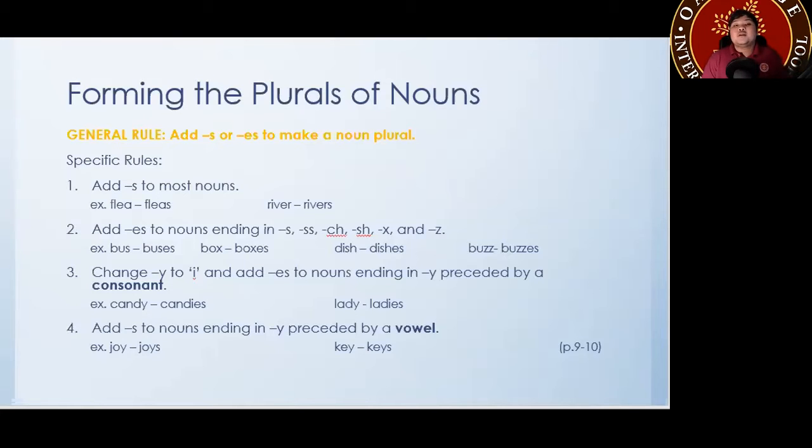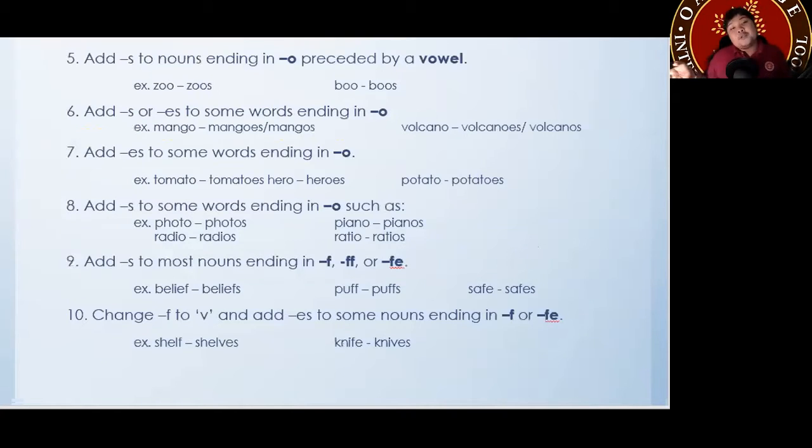All right. So these are the first four specific rules. There's more. Next, rule number five. Add S to nouns ending in O preceded by a vowel. For certain words that end in O and come after a vowel, like zoo or boo, you have O, and before the O is a vowel.